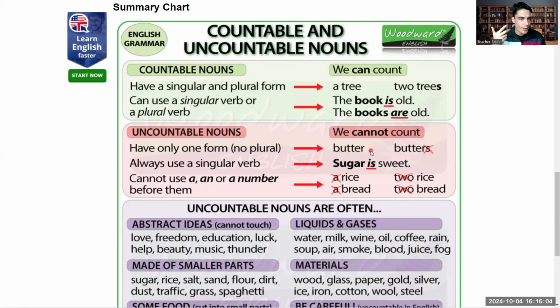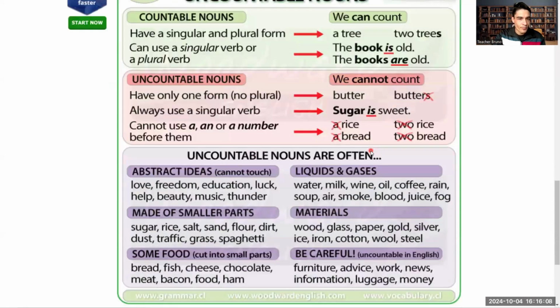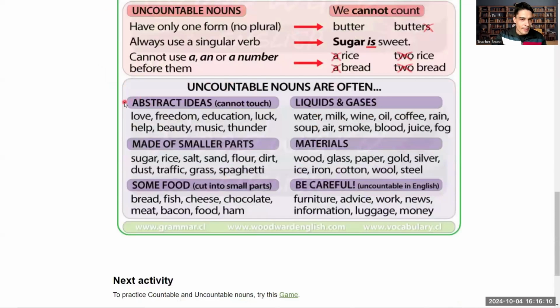So time, money, and energy, for instance, uncountable. Abstract ideas, liquids, gases, things that are made of smaller parts. Sugar, rice, salt, they're made of smaller parts. Materials are also uncountable. Wood, glass, paper.